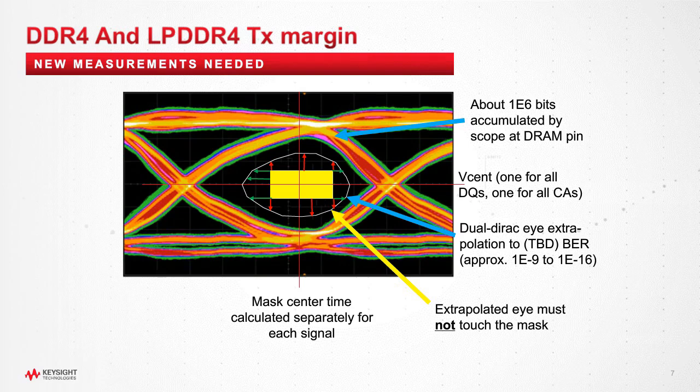So here you see a typical oscilloscope capture using a color-graded infinite persistence capture of a signal. And you can see that depending upon the colors, the green areas represent areas where the signal is found less frequently.